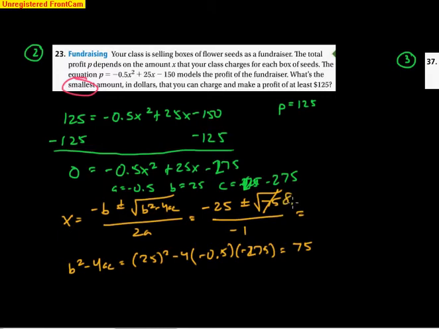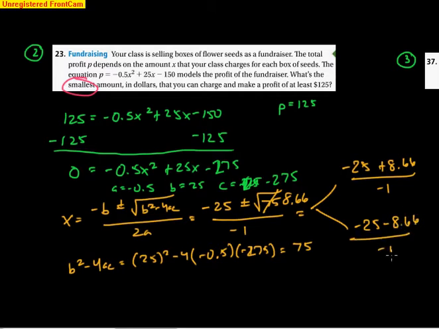So I will replace this with 8.66, and now I will have two possible answers, negative 25 plus 8.66 over negative 1, and negative 25 minus 8.66 over negative 1. And I'll use my calculator in both cases. So the top one, negative 25 plus 8.66 divided by negative 1 is 16.34.